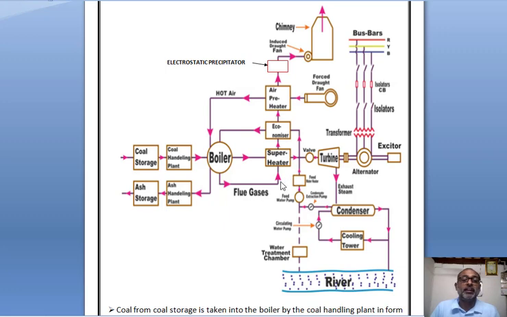For that we are passing these flue gases first through the superheater, which converts wet steam into dry steam. That means whatever heat is present in these flue gases is extracted by this wet steam, and it is converted into dry steam.